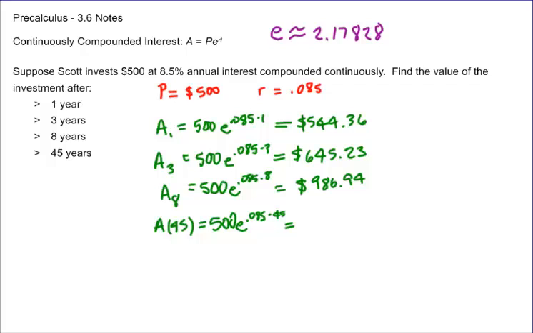And that's $22,916.40. So that's how you use the continuously compounded interest formula. And it's just fun to kind of play with that and look and dream, hey, what if you had this much money, and what if you could find a continuously compounded account? How great would that be?